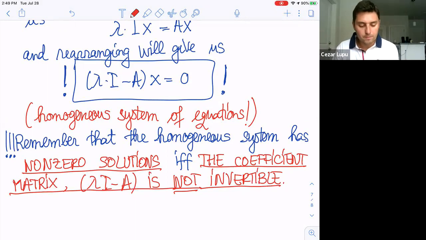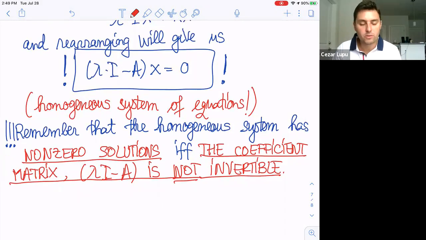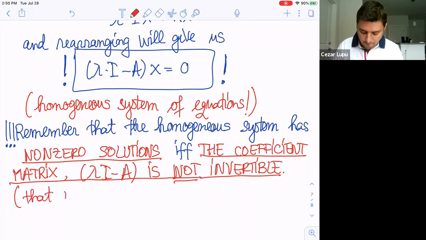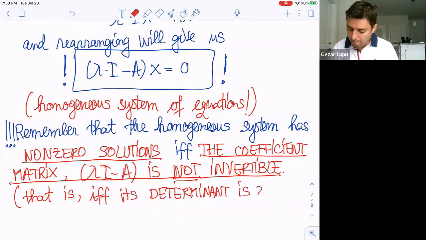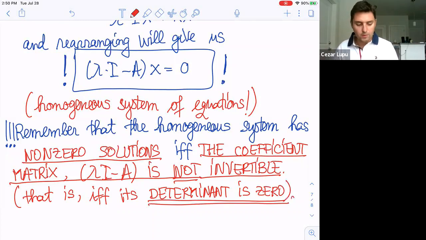In other words, when this matrix is not invertible, when its determinant is 0. Which means, let me write here, that is if and only if its determinant is 0. Keep that in mind.